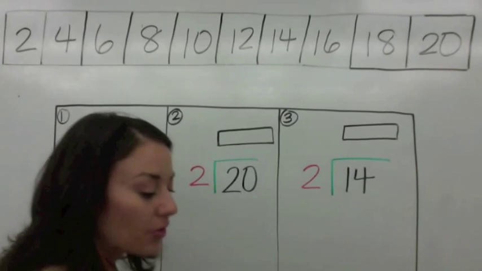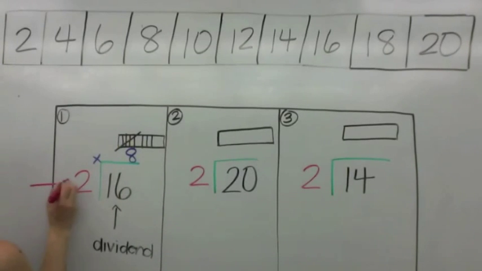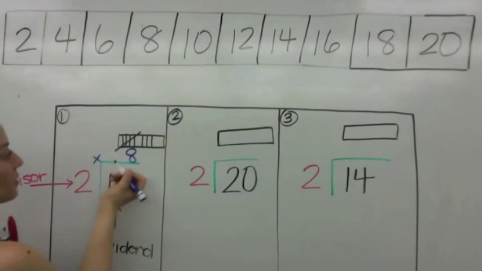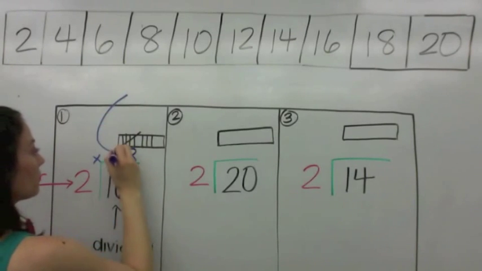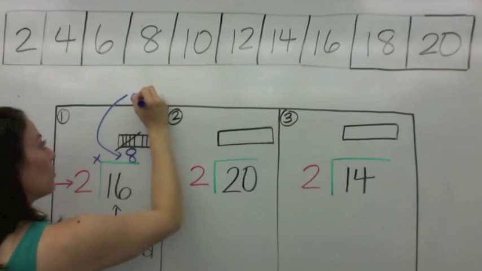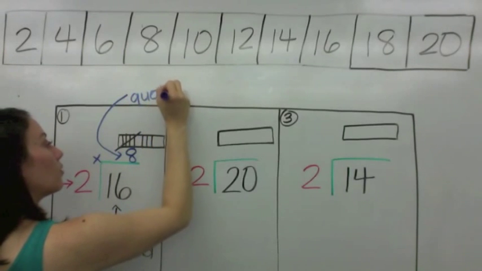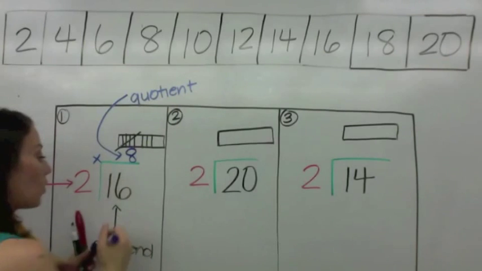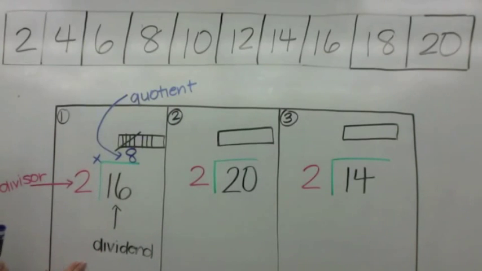Now the 2, the number that you're skip counting by, that's called the divisor. What is it called? Divisor. And the number 8 at the top, okay, your answer is called the quotient. The quotient.